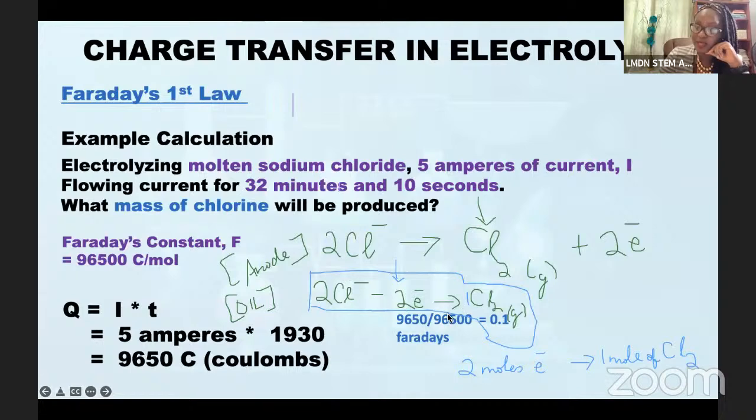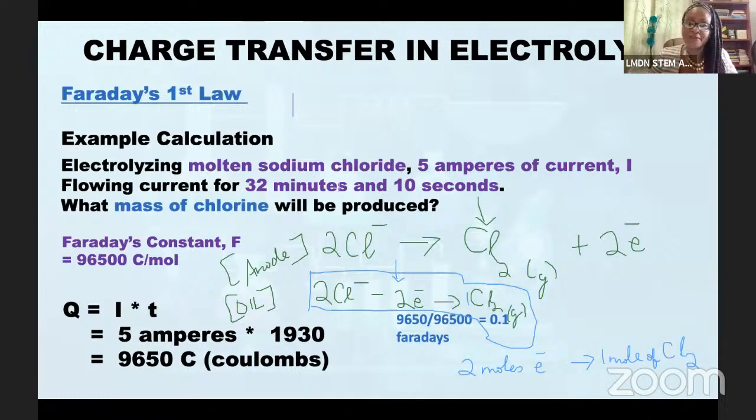That's what this means. So the important part of the equation for you, when you're doing electrolysis calculations, once you've written your half equation, is to home in on the moles of electrons, and what stoichiometric ratio that is in with your desired product that you're finding the mass of.